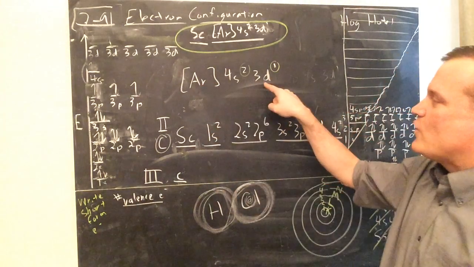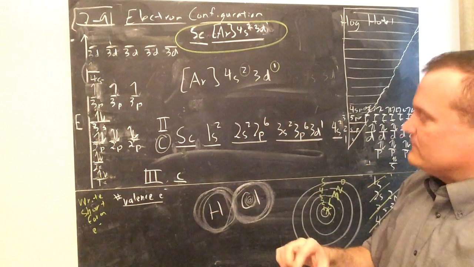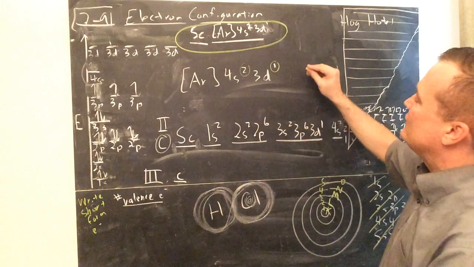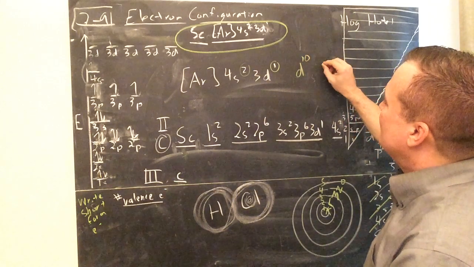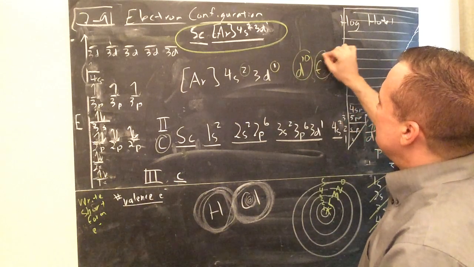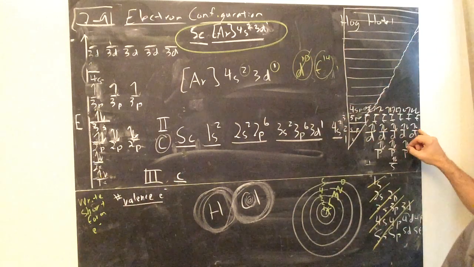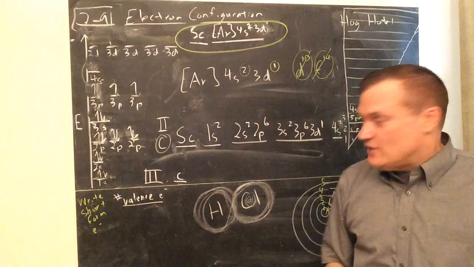You write the short form. The valence electrons are all the electrons that are left over, except you do not count any electrons that are in d10 or f14. What that means is, if the d system is full, or if the f system is full, then they do not react.